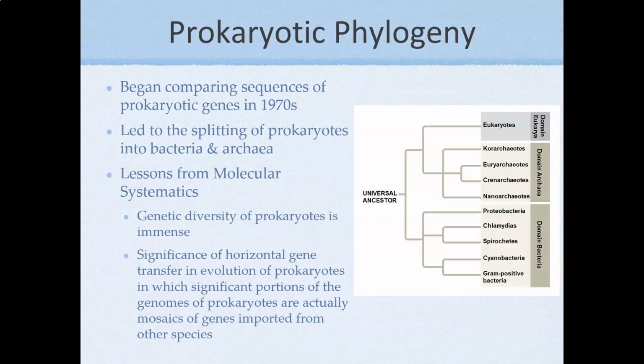The other thing that we started to realize, especially as we started trying to dig deeper into the roots of their tree, is the significant horizontal gene transfer that exists between prokaryotic species. The fact that they can share plasmids, the fact that they can share genetic components, parts of their chromosome with each other between species, and they do it naturally on their own, really complicates these deep pieces back here, right?